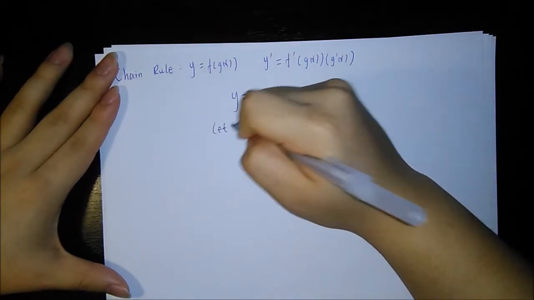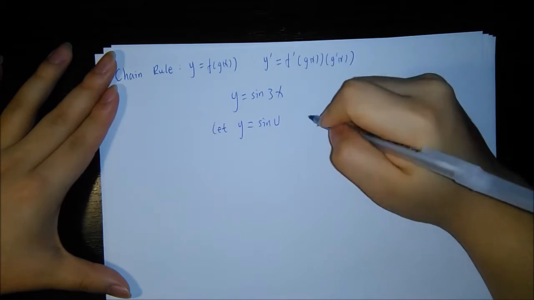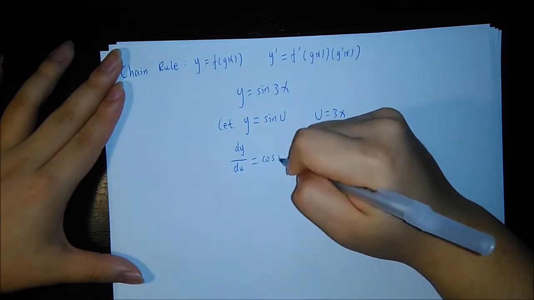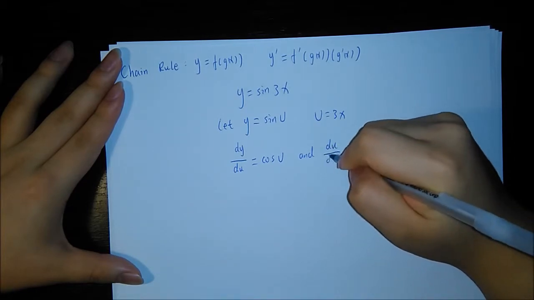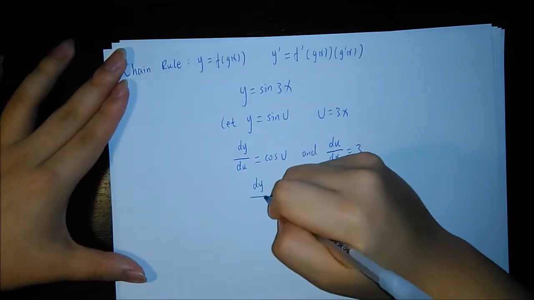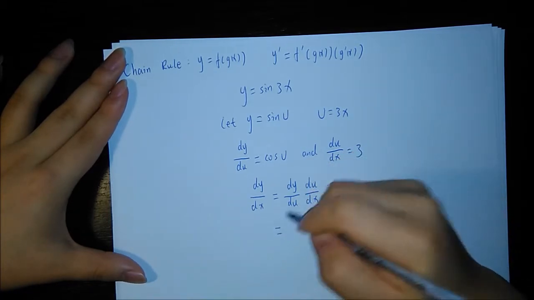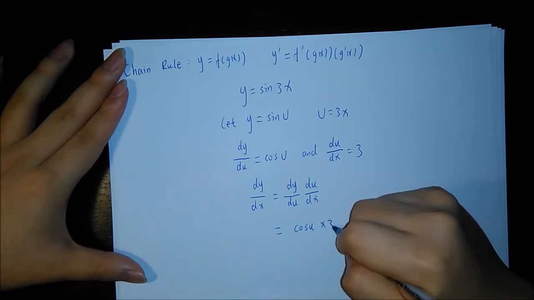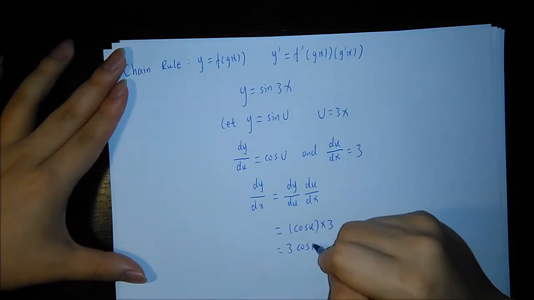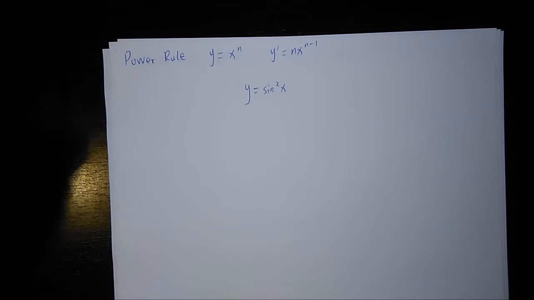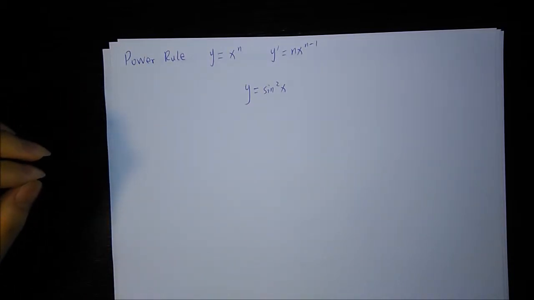For the power rule, y is equal to x to the power of n, and the derivative of y is equal to n x to the power of n minus 1.